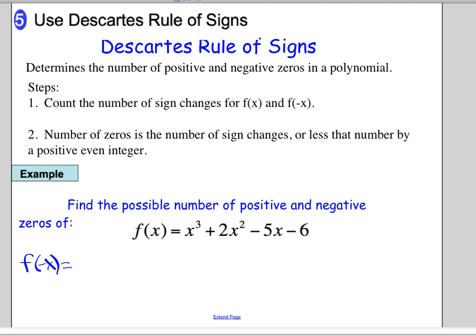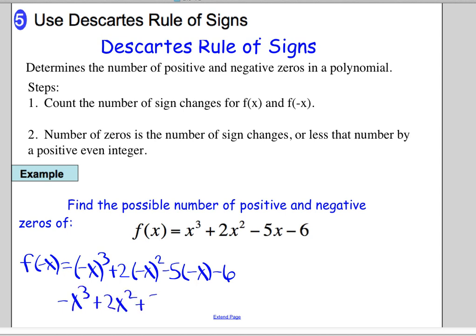I'm going to plug a negative x in place of all my x's, and then we'll go ahead and simplify. When I do that, we get negative x cubed plus 2x squared plus 5x minus 6. Now that I have f of x and f of negative x, I need to look at the number of sign changes.